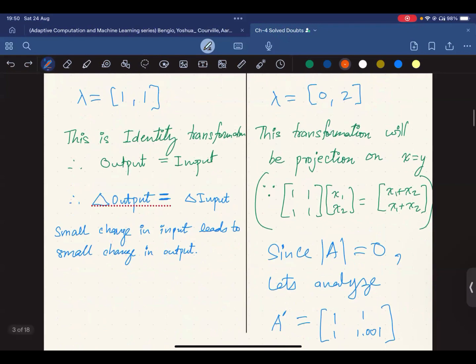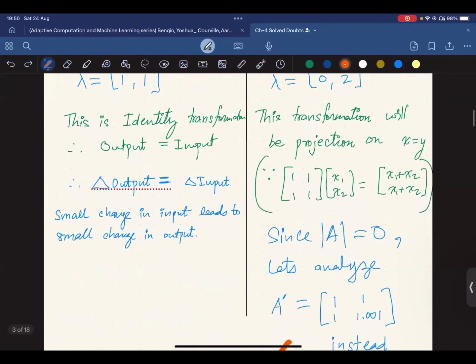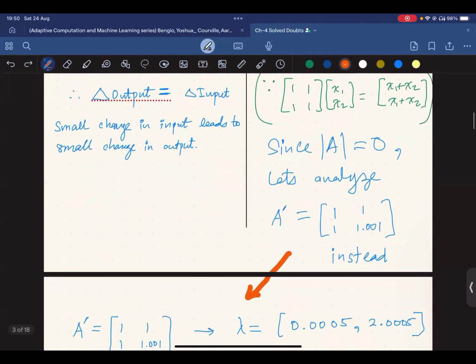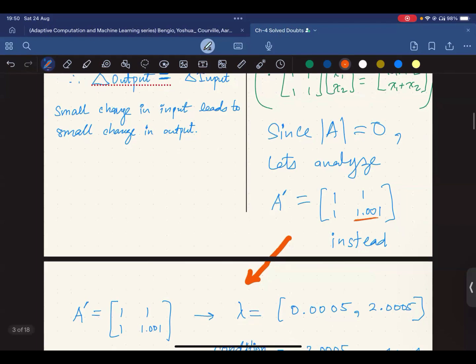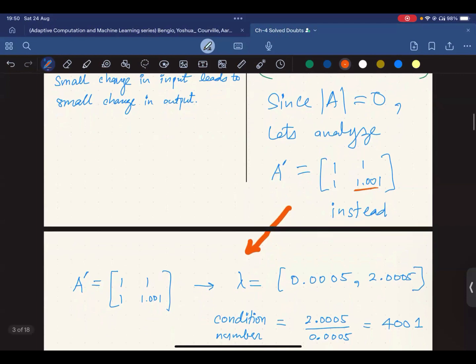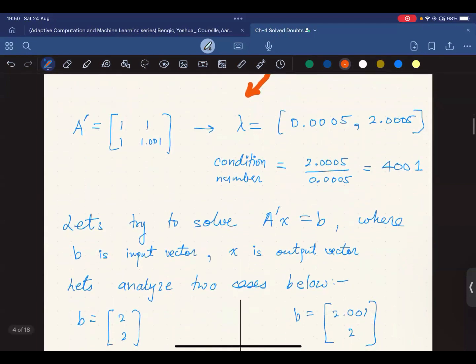Because this matrix is singular, let us consider an example of a matrix which is very similar to it. Instead of 1, we take 1.001 here. If you calculate the eigenvalues, we get these two eigenvalues, and the condition number is roughly 4001.